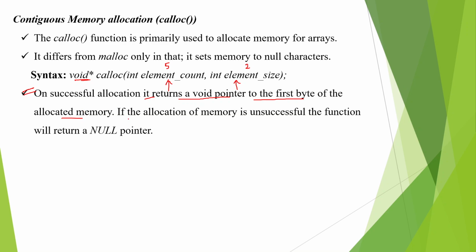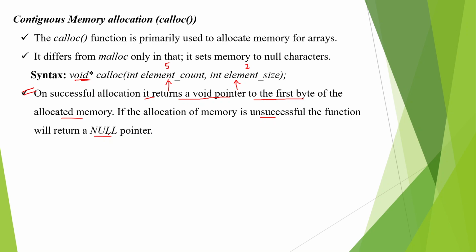And if the memory allocation is unsuccessful, then what will happen? Yesterday also we discussed, on unsuccessful allocation of the memory, it will return a null pointer to indicate no memory has been allocated.